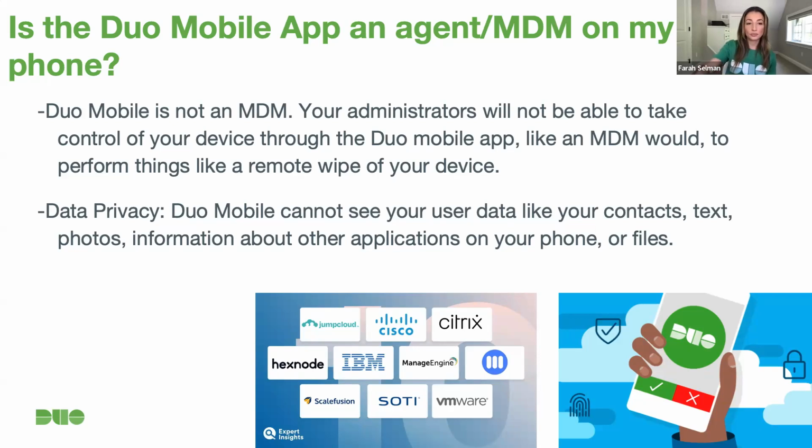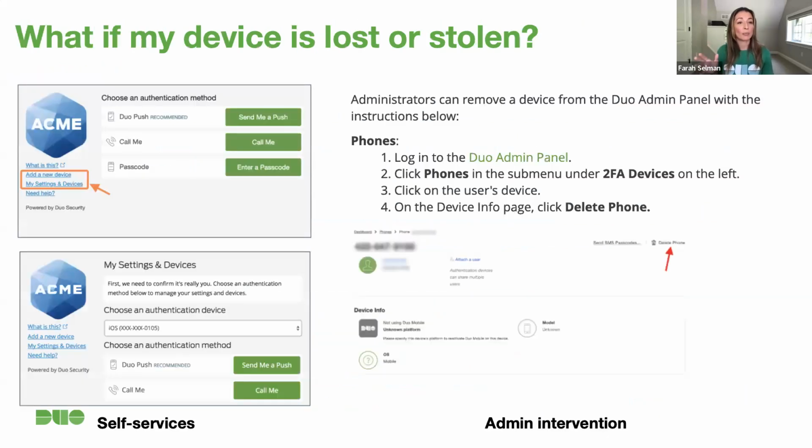So finally, we'll wrap up with what if my device is lost or stolen? If enabled by your administrator, the end user will be able to manage their existing device and add a new device. They will have to verify their identity before doing so. So it's encouraged for users to have 2 authentication devices at enrollment to help with this process.